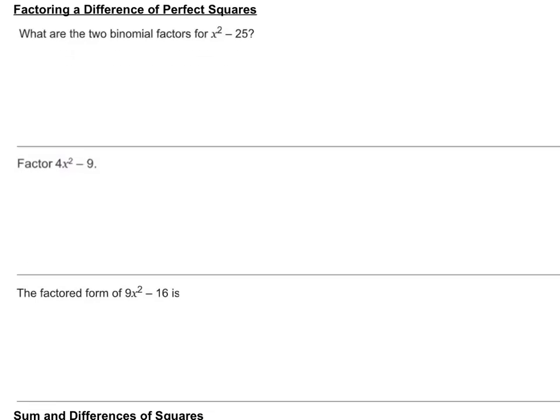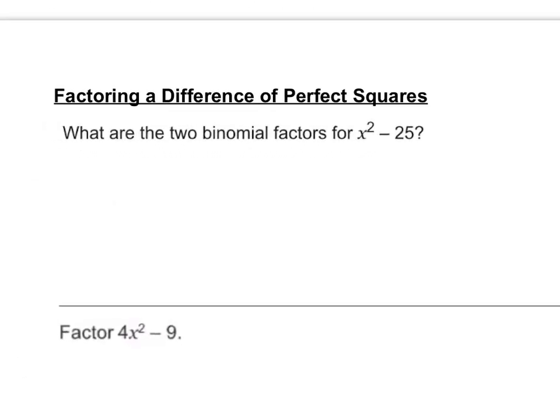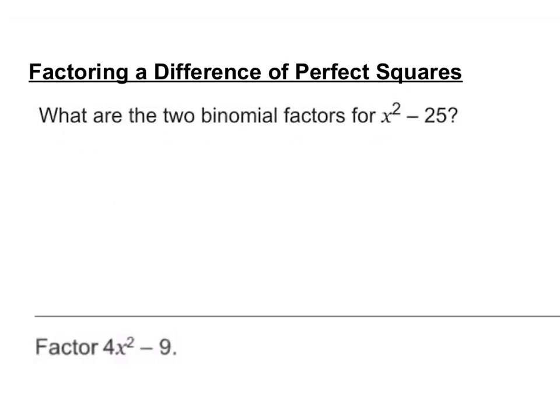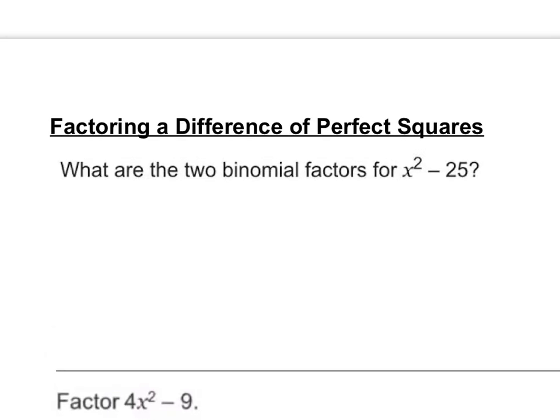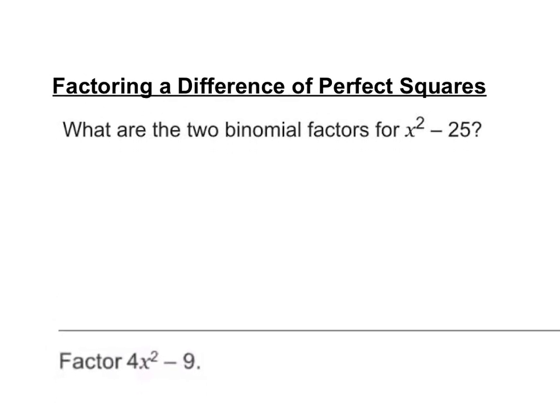Let's take a look at a couple of these problems here, where we want to factor a difference of perfect squares. Now, what I'm realizing here is that if I have this one right here, x squared minus 25, I'm going to rewrite that as x squared minus 5 squared. And what I've realized is that every time I have something squared minus something else squared, their factors are just conjugates, which are opposite binomials.